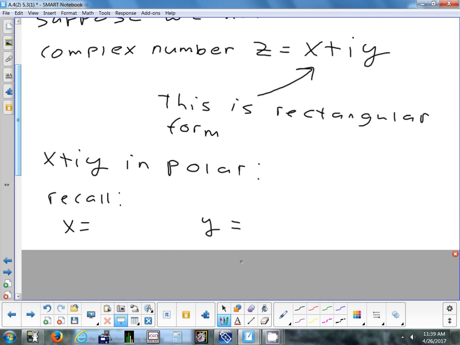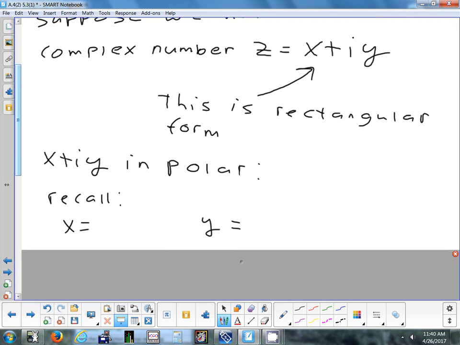So let's look at how we could write a complex number in polar. On Monday, we had two formulas to convert x into polar and y into polar. First, does anybody remember the two letters you use in polar? It's not x and y. It's r and theta.